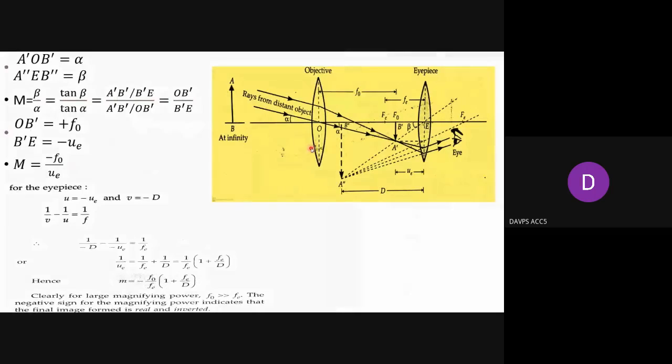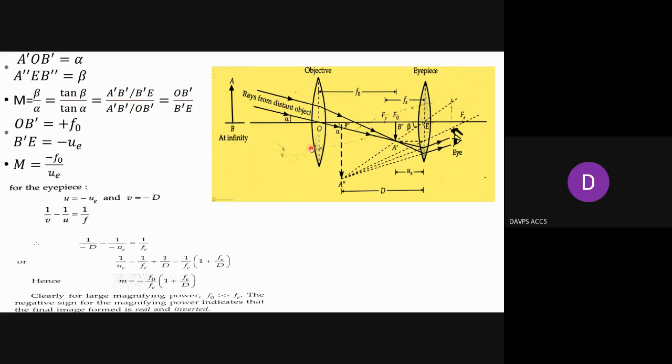If we come to the diagram, I told you that it is the ratio of the angle subtended by the final image at the eye to the angle subtended by the object when it is seen directly by the unaided eye. A definition you have to write exactly in this manner.